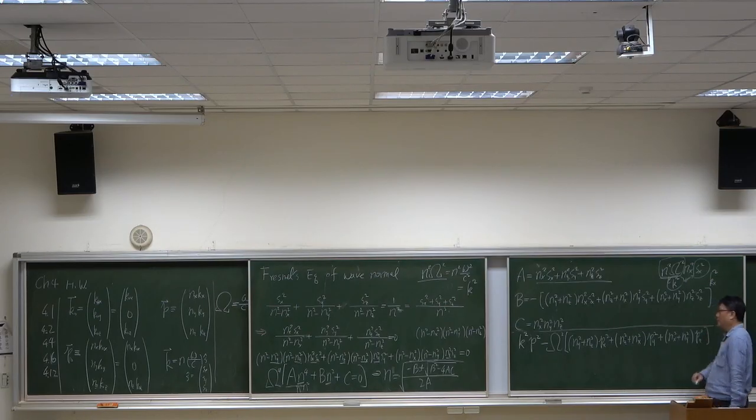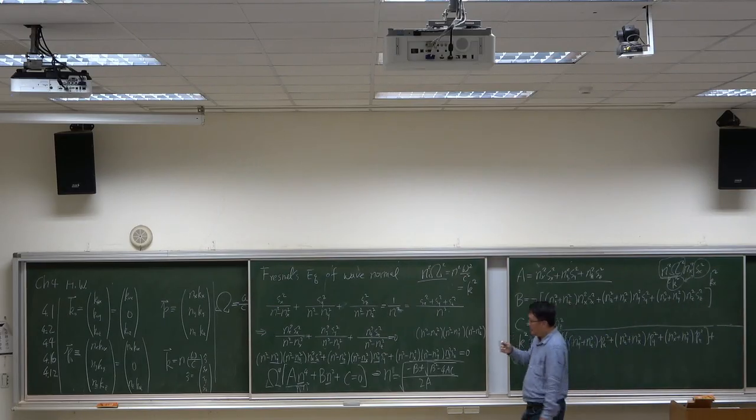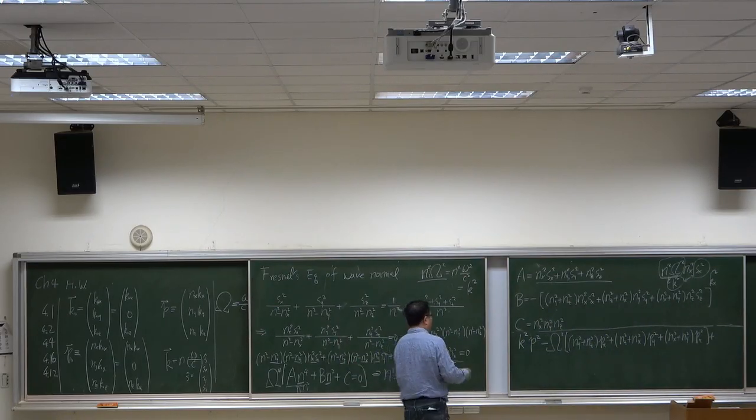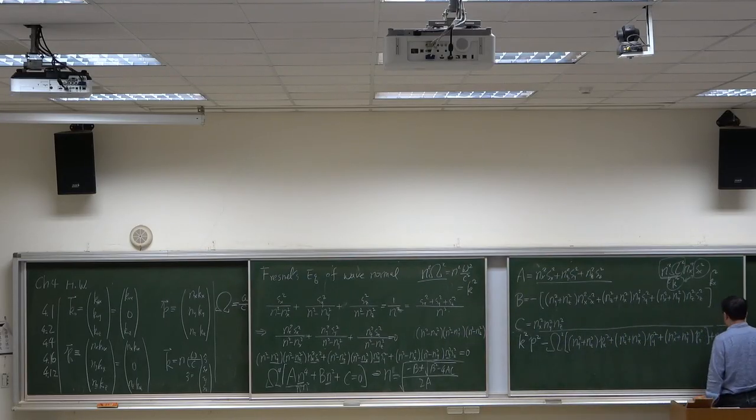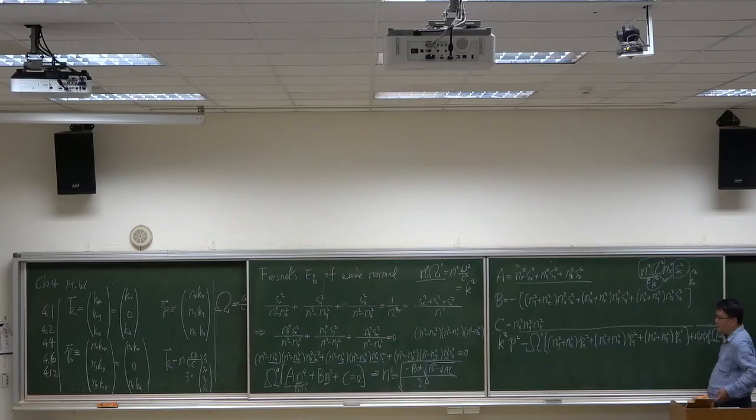And then finally we have nx squared, ny squared, nz squared times omega to the sixth power, equal to 0. So we have this expression.